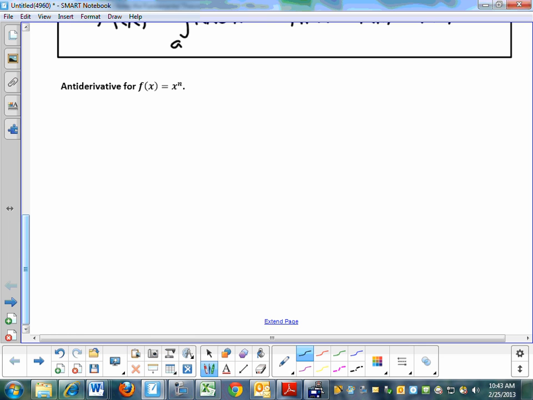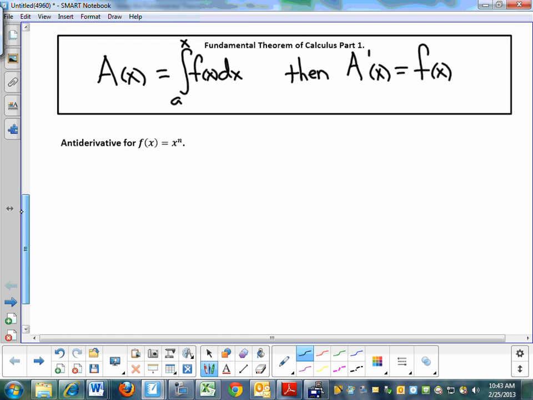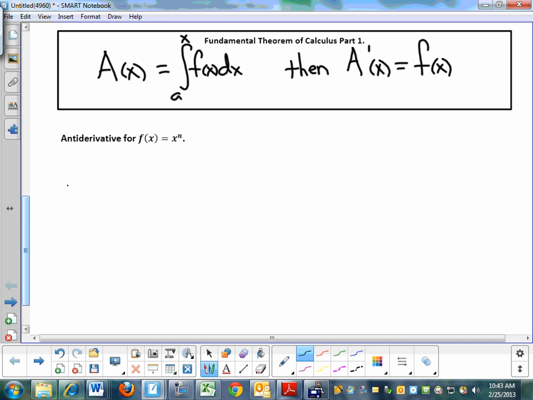Antiderivative for f of x equals x to the n. Suppose that you wanted to find f prime of x. Well, given f of x is equal to x to the n, then you know f prime of x is equal to n times x to the n minus 1. You guys are all used to that, right? Well, we go the opposite way.